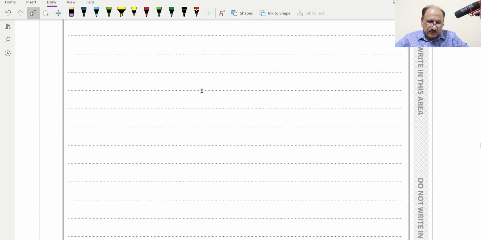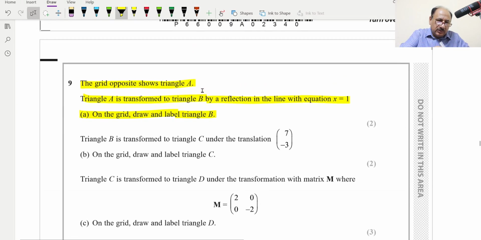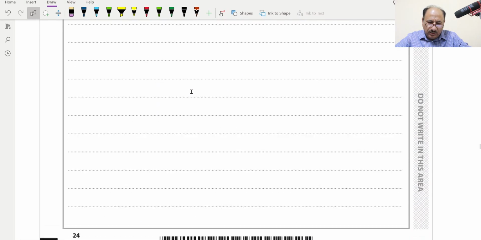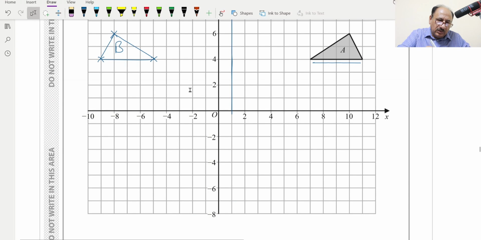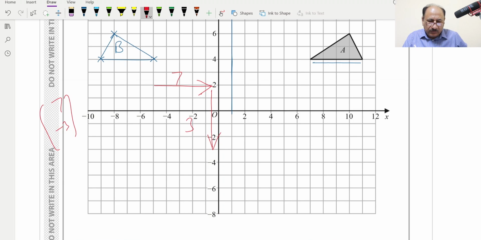And next part is what? Next part is saying triangle B is transformed to triangle C under transformation 7 and minus 3. So 7 and minus 3 we have to transform B. This is basically a translation vector. So we will be moving 7 units to the right, because plus, and 3 units down, because this is a negative 3.